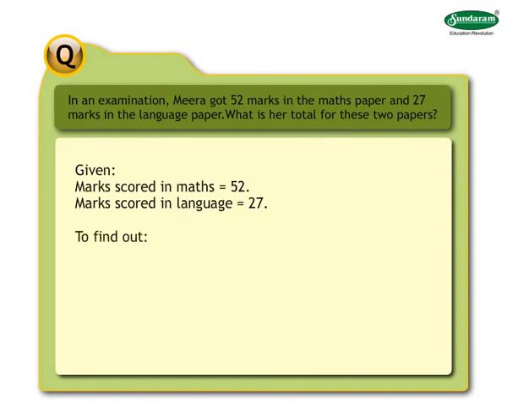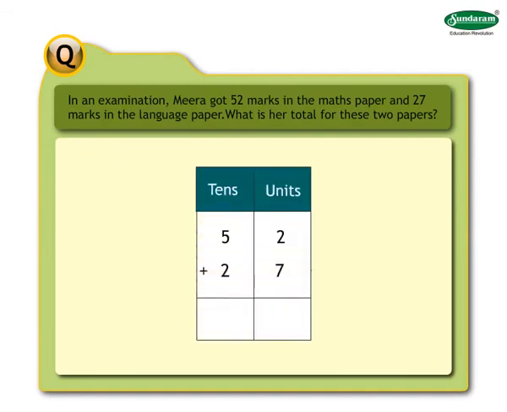We have to find out the total marks of the two papers. Here, since we have to find out the total marks, the operation is addition. Arrange both numbers vertically. We can see that 52 plus 27 is equal to 79. Answer is total marks are 79 marks.